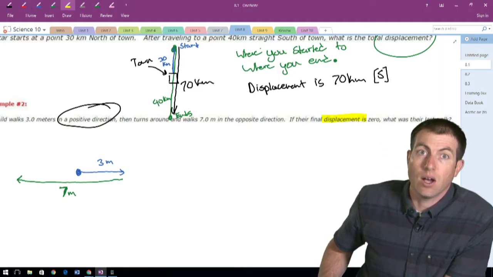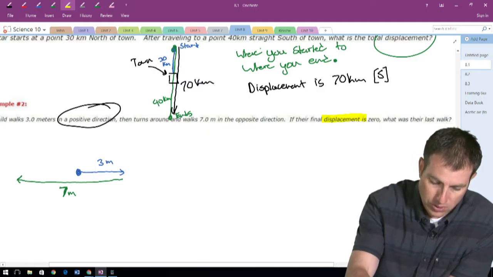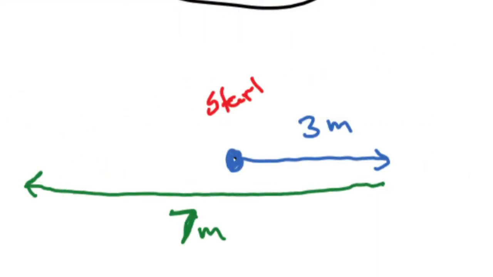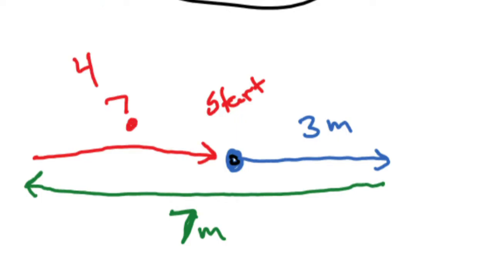So it's asking how far was their last little section of walk. So if I wanted to get back to where I started, and again, this is the start, if I want to get back there, how far did I have to go? Well, I'm going to go with 4 meters, but I need to include a direction.